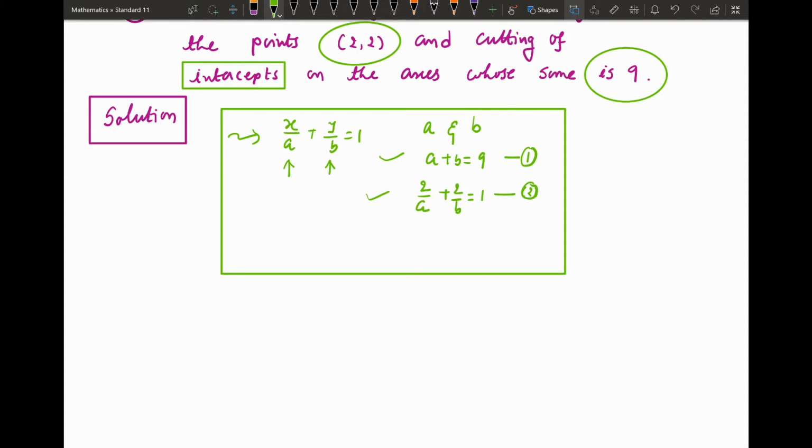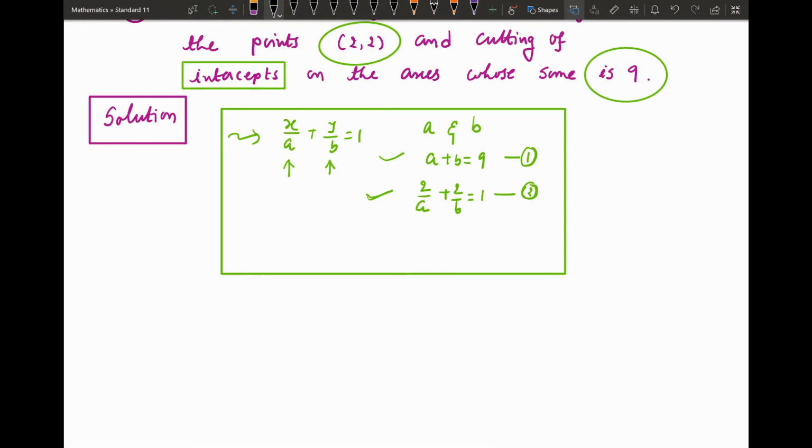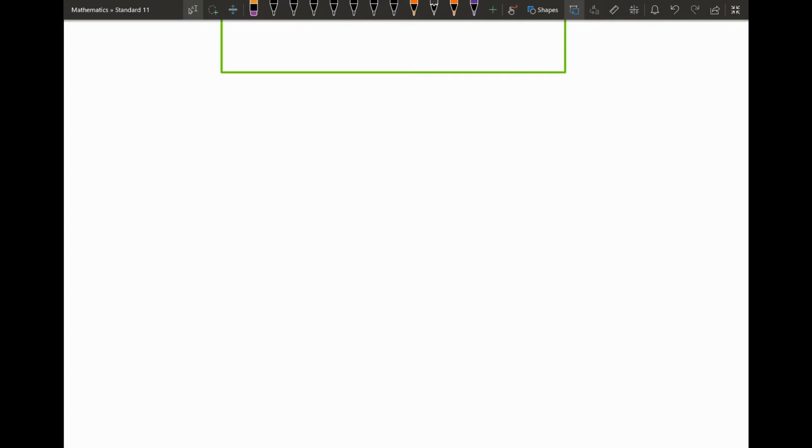And since line passing through 2, 2, its coordinates will satisfy this equation. So another equation 2 by a plus 2 by b equal to 1. Two unknowns, two equations, so we will solve it for a and b, and once we get a and b, substituting in the intercept form, we will get required equation.